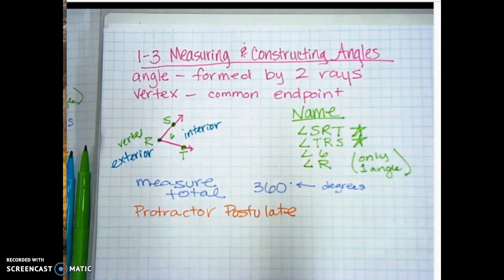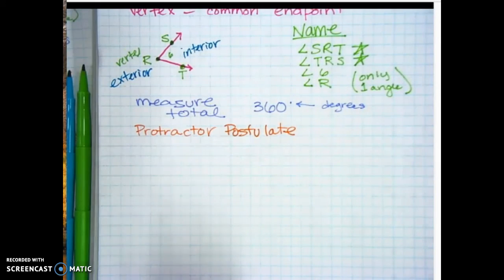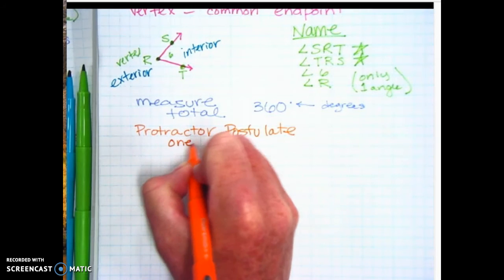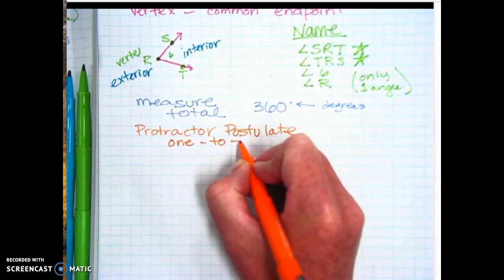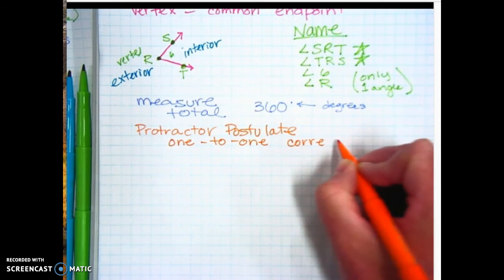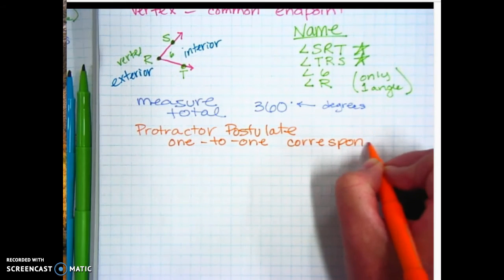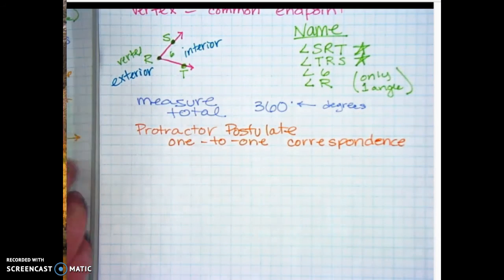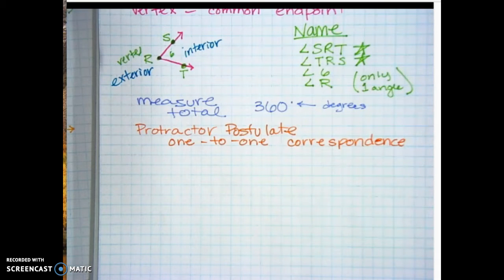And just like the ruler postulate, the protractor postulate is going to have what we call a one-to-one correspondence. So basically, every number that you see on your protractor is going to match up to an angle.